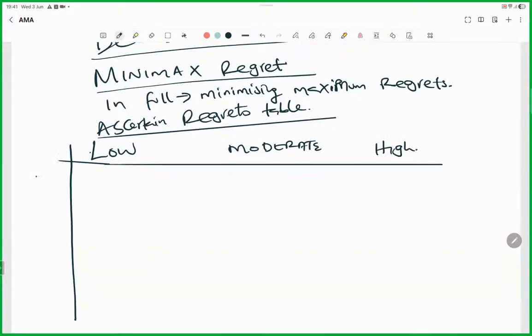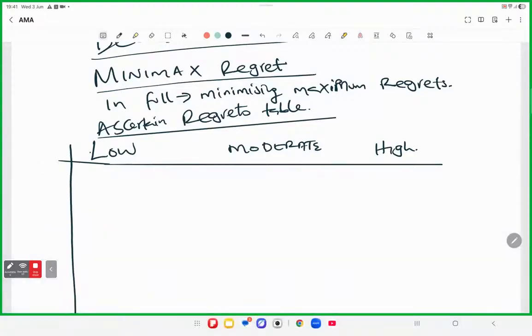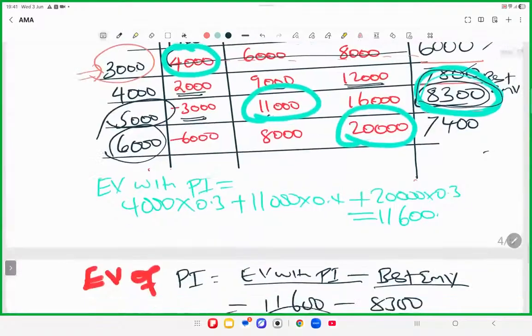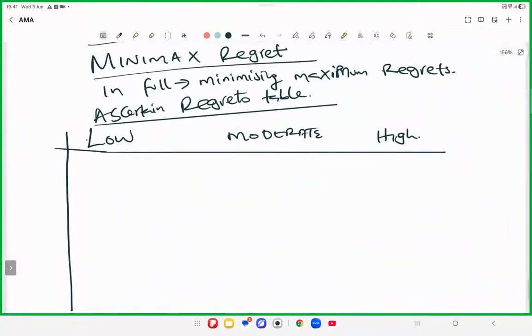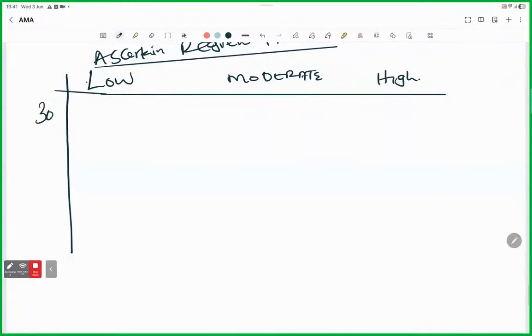Alafu hapa tulikuwa na 4,000 hapa. No, the units 3,000. The alternatives, yes. Sorry. So 3,000, 4,000, 5,000, and then what year? 6,000.